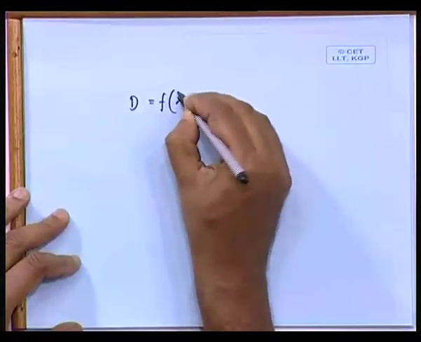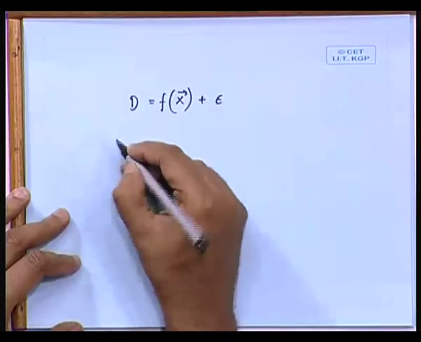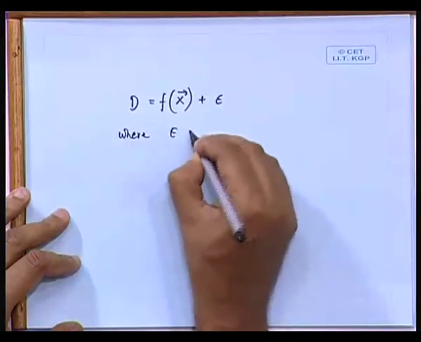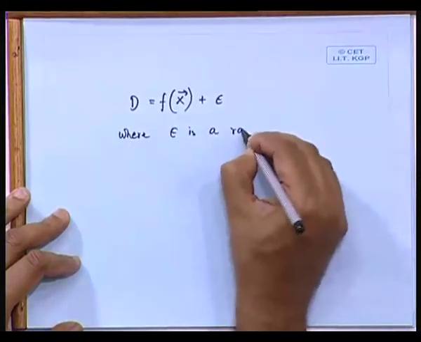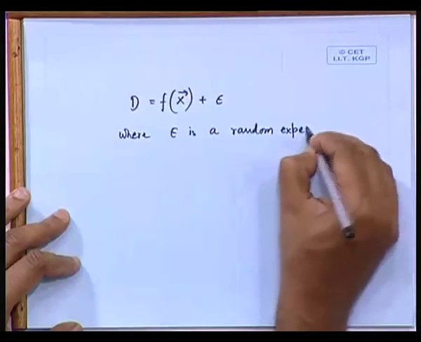The dependence between D and x can be modeled as f of x vector plus epsilon, where epsilon is the random expectational error.